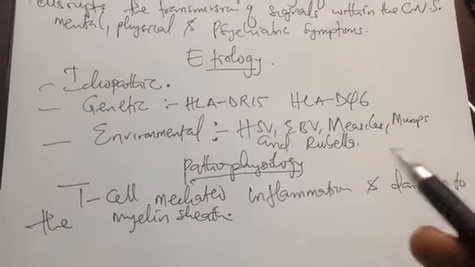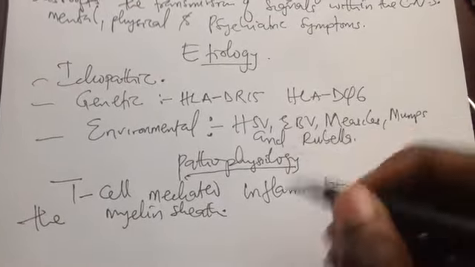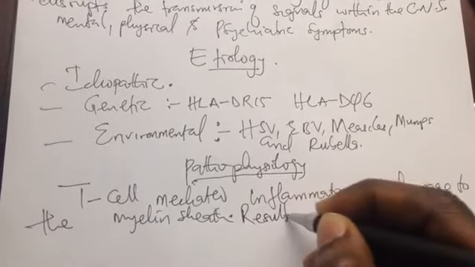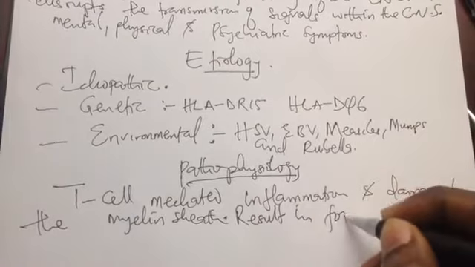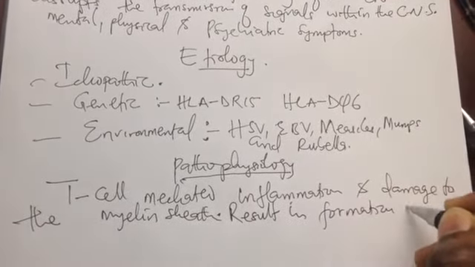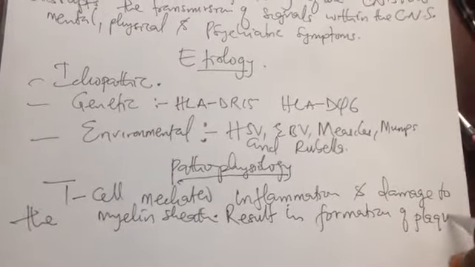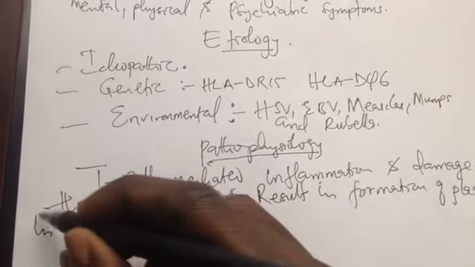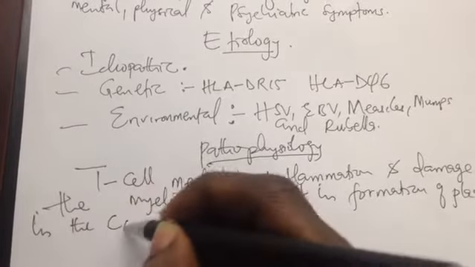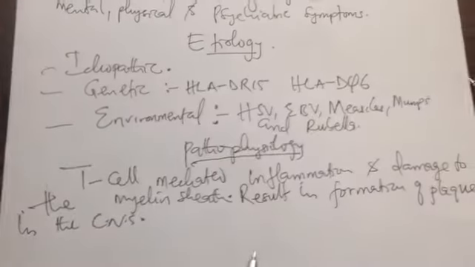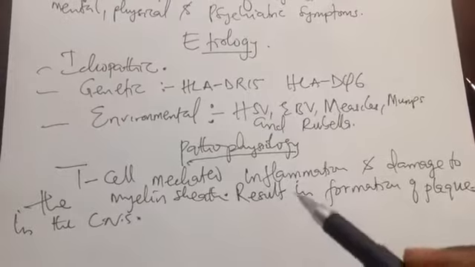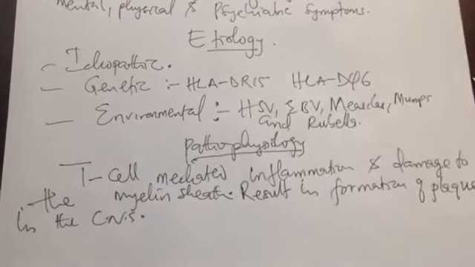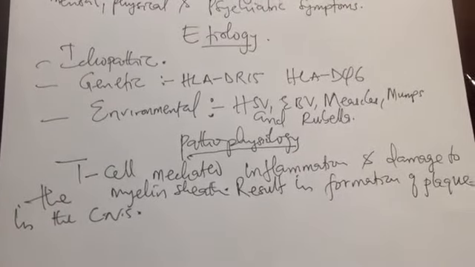So this repeated inflammation and disruption of the myelin sheath results in the formation of plaque in the CNS. Instead of the myelin sheath, it is going to be substituted with plaque. So that is it. Now let us see some types of this multiple sclerosis.